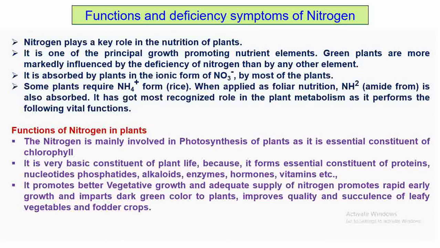Nitrogen also promotes better vegetative growth, and an adequate supply of nitrogen promotes rapid early growth and imparts a dark green color in the plant, improves quality of the plant, and makes succulent the leafy vegetable and fodder crop.